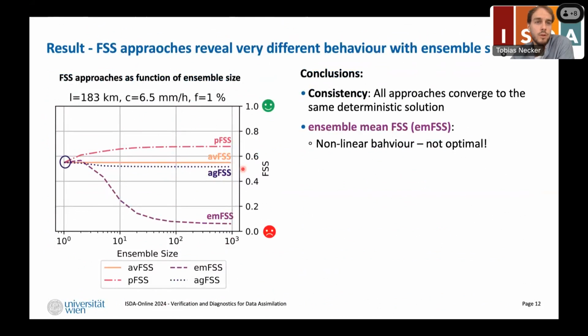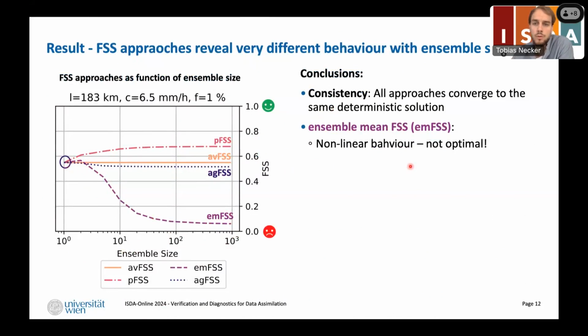Okay, so now let's look at the FSS as a function of ensemble size. Here you can see that all 4 approaches behave substantially differently. First, let's go to the positive thing. They all converge to the same solution for the deterministic case. But if we look at the ensemble mean FSS, we see it has a very nonlinear behavior, which is not optimal.